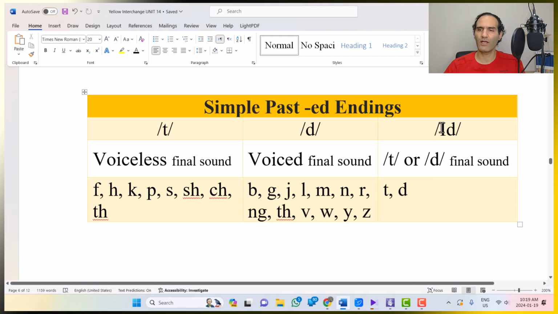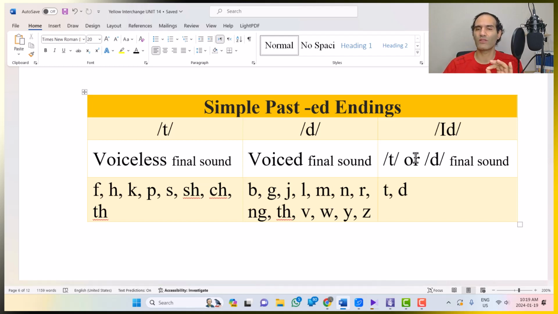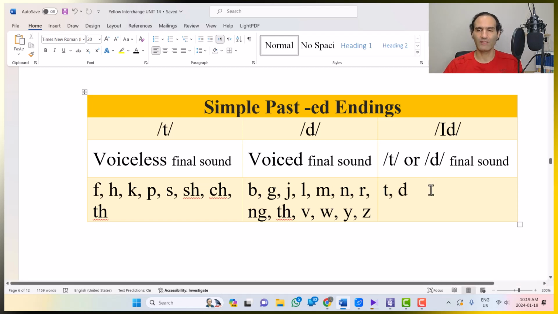Final sound is pronounced id. Apart from t or d, all the other sounds, we are talking about sounds, not what you see.